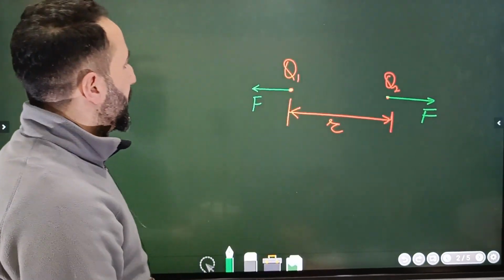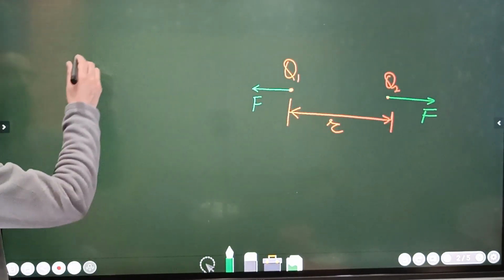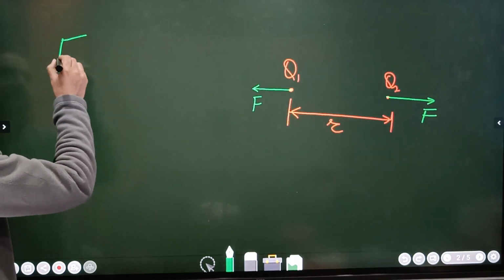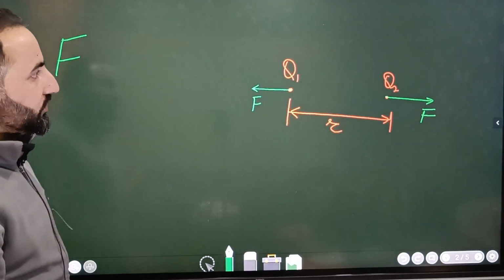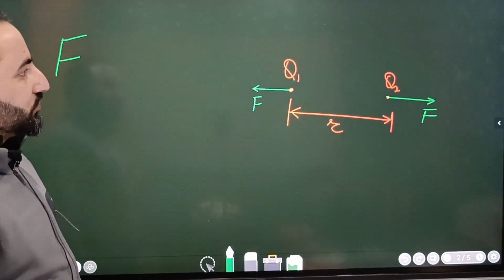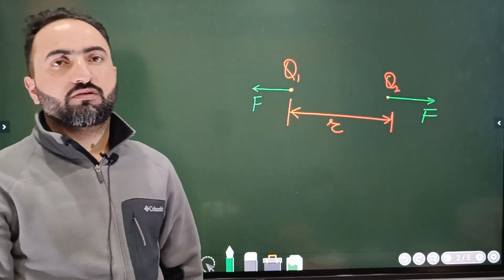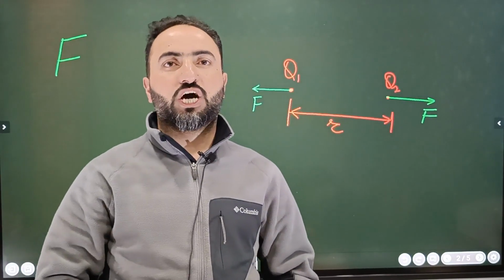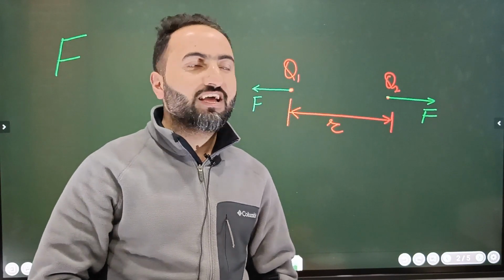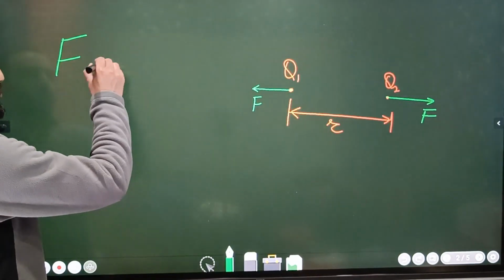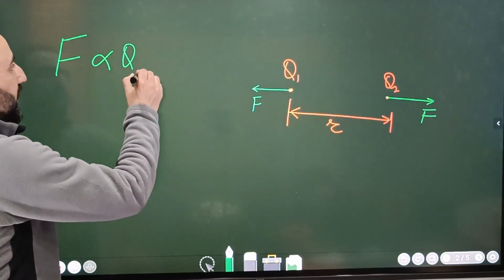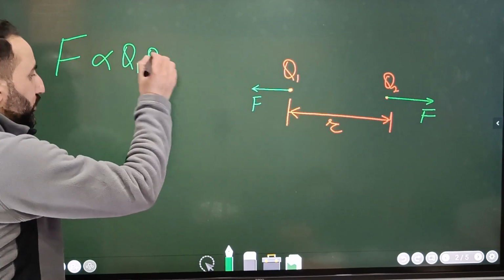All right. Okay. Now here we are. Pay attention. So this is our force F. This is the electrostatic force between Q1 and Q2. Now this electrostatic force depends on 2 parameters. Parameter number 1, it does depend upon the magnitude of the charges. It is directly proportional to Q1 and Q2. That means it is directly proportional to the product of the charges.